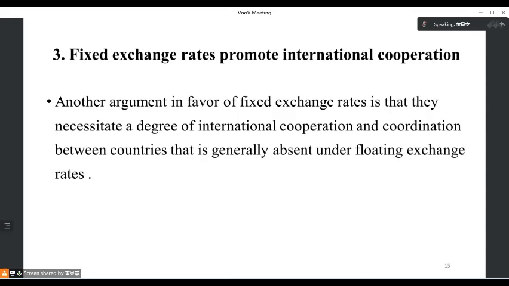This paragraph tells us that fixed exchange rate can promote international cooperation or coordination. But if a country has a floating exchange rate, this condition will change.